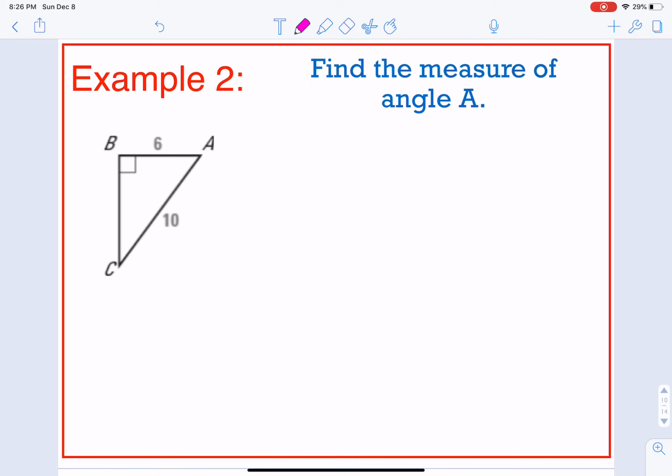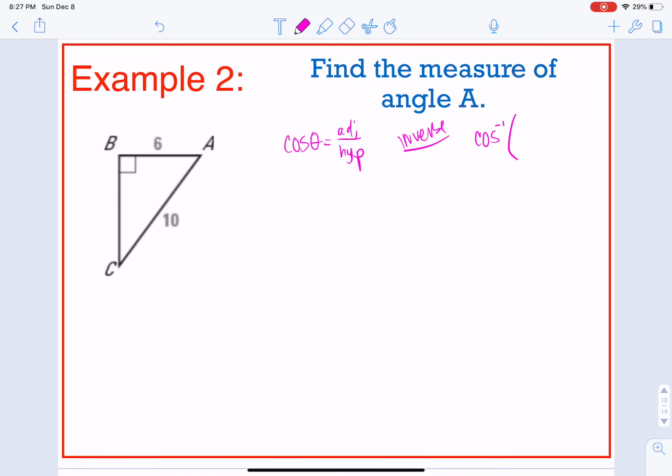So again, I have my regular trig functions, and I'll use cosine as an example this time. So I have adjacent over hypotenuse. If I'm looking for an angle measure, I can go backwards and use the inverse.